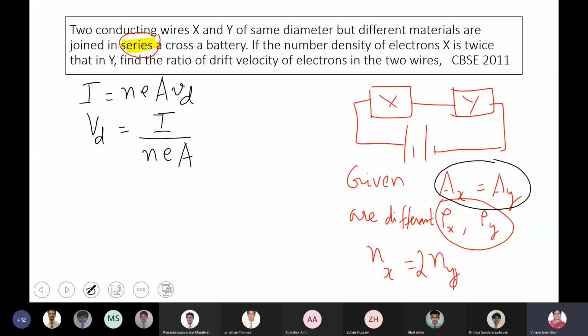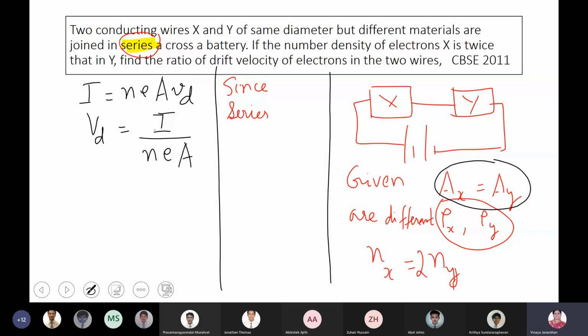So how will I write the conditions? Since series connection, I is a constant. Given A is a constant, that's given in the numerical, right? Thickness is the same. A is a constant. The charge of an electron is always a constant.